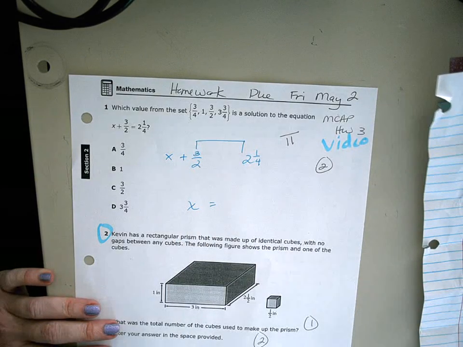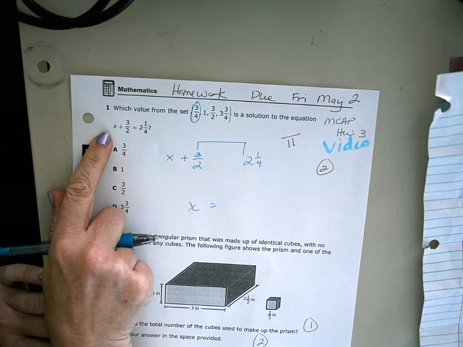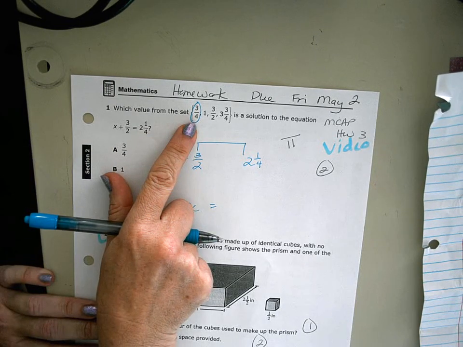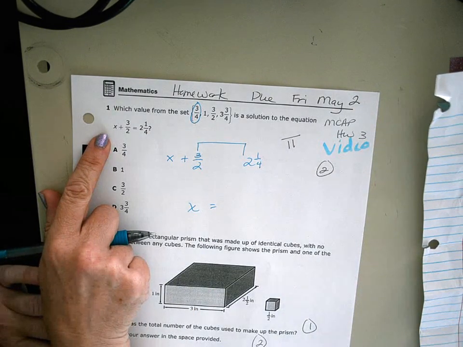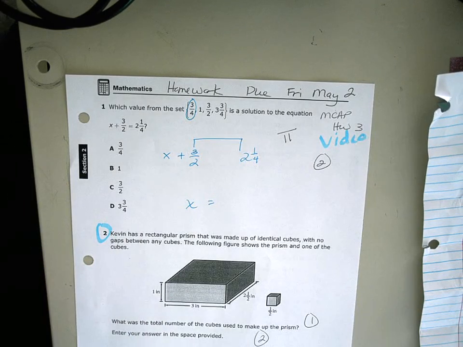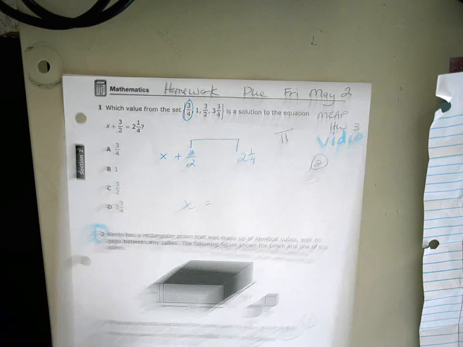Or you could substitute. You could try one answer at a time and put it into the equation for x and see if when you add your number plus 3 halves, if you get 2 and 1/4. There will be only one correct answer, 2 points because I'm expecting to see some work.